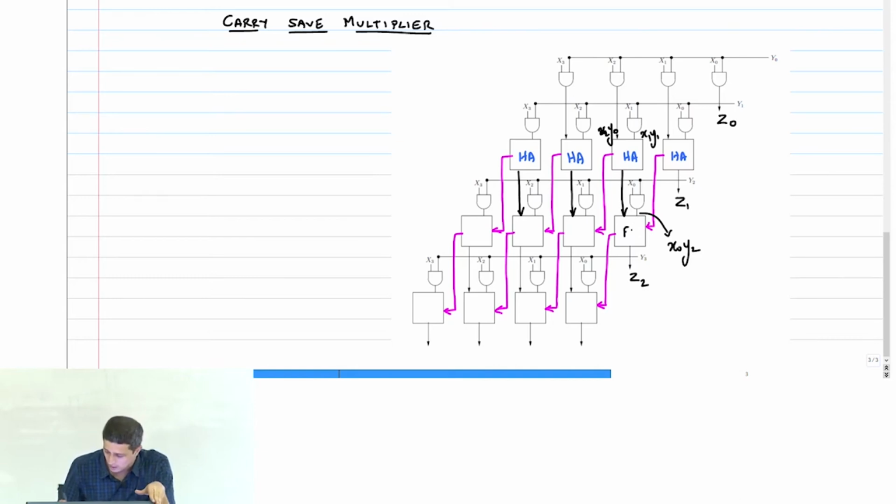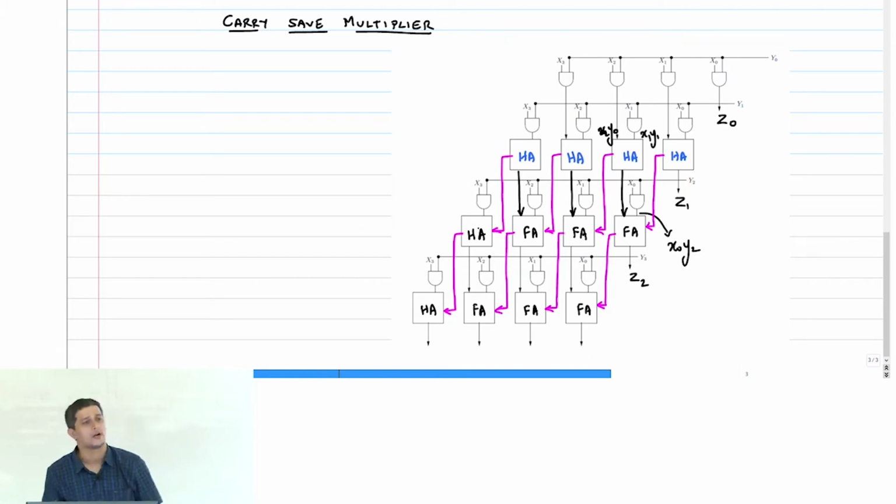All full adders. Third row. Okay. Actually, you can make it a half adder if you're so keen. Yes, definitely, you can make it a half adder.